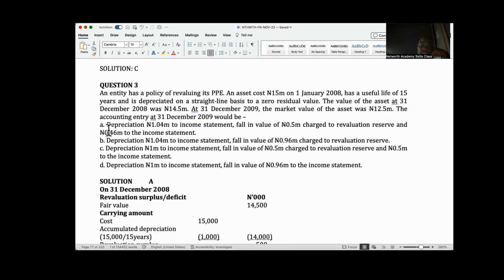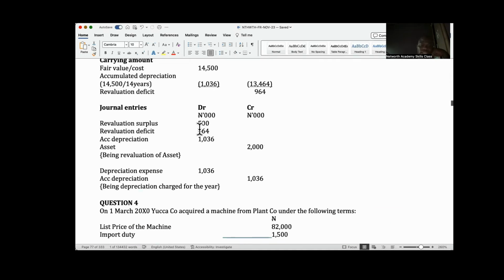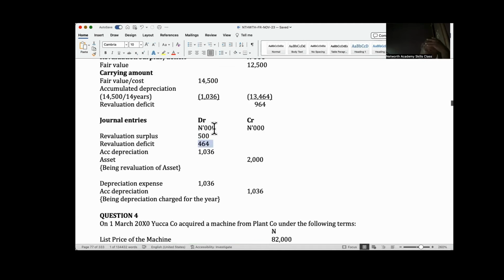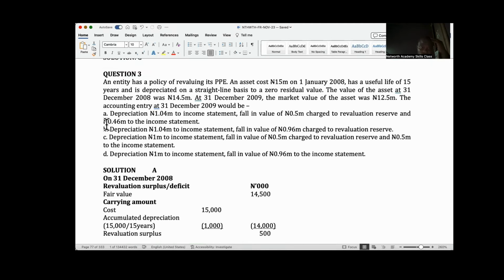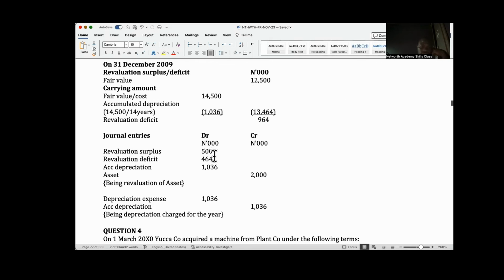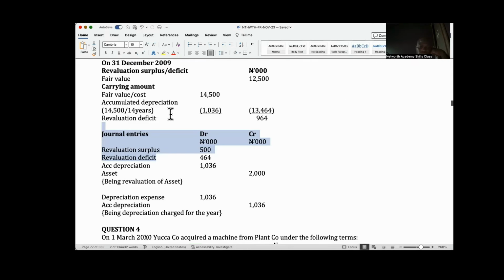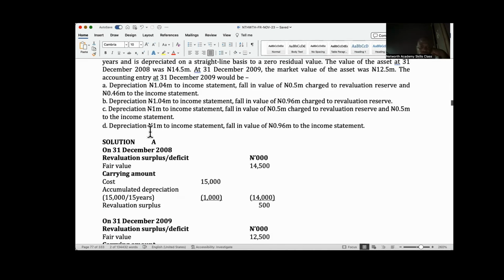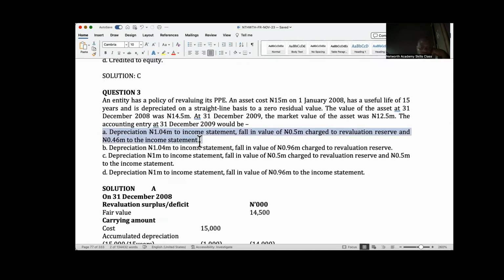And 0.46 million to the income statement. So the excess over the 500 was 464,000, which they approximated here as 0.46 to P&L. From this more critical working, we can easily know that A is the answer in this situation.